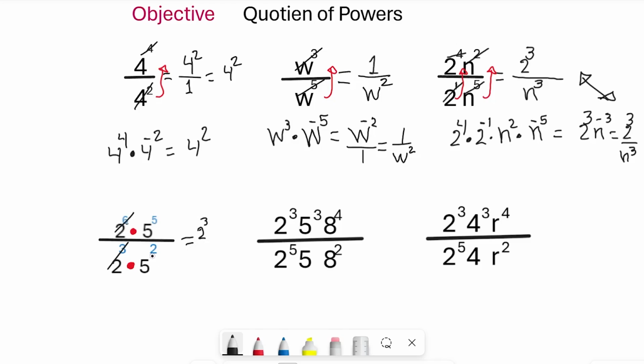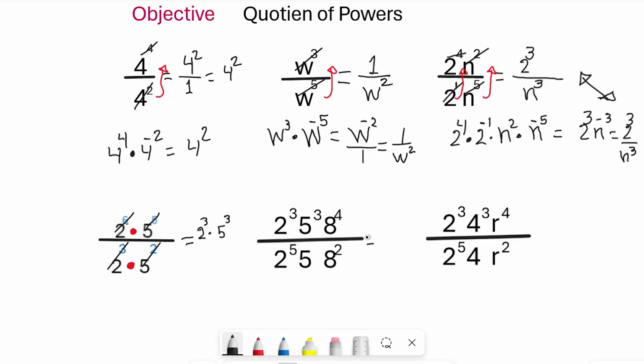Then 5 squared, and then this is 5 to the fifth power. So you have 5 on top, 2 at the bottom. At the most that you can cancel will be 2. Out of 5, you cancel 2. You end up with 5 to the third power.